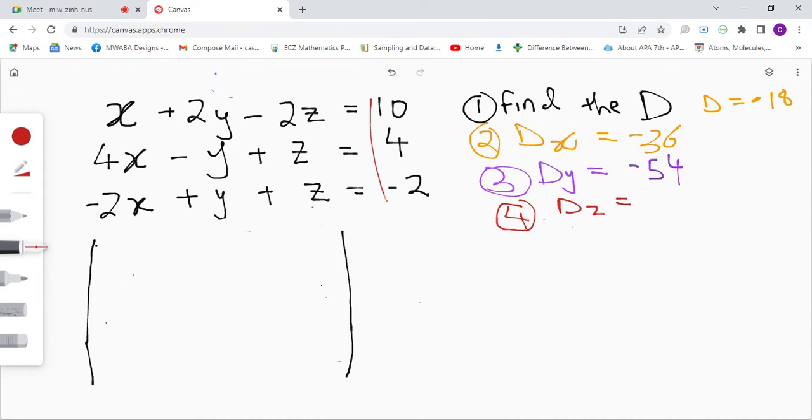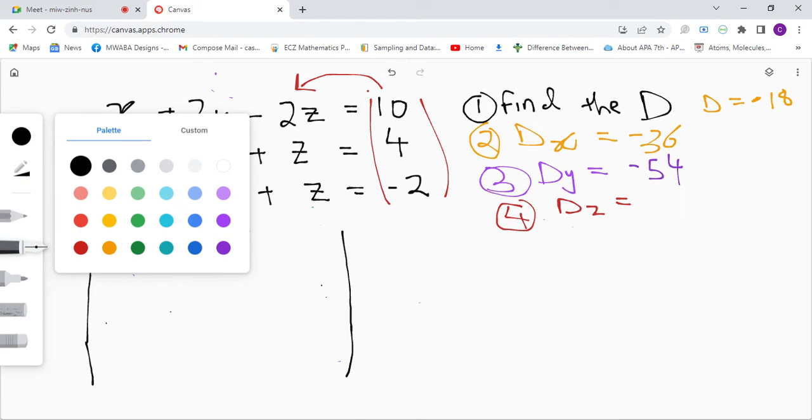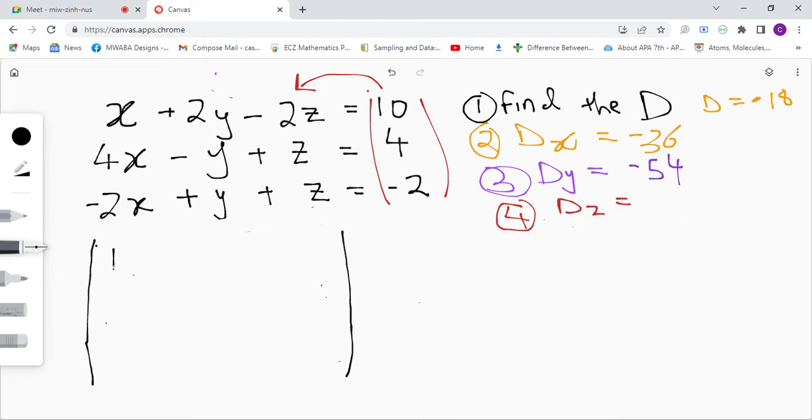dz. So we're going to replace our constants column with our z column. So the coefficients of our x column are 1, 4, -2.